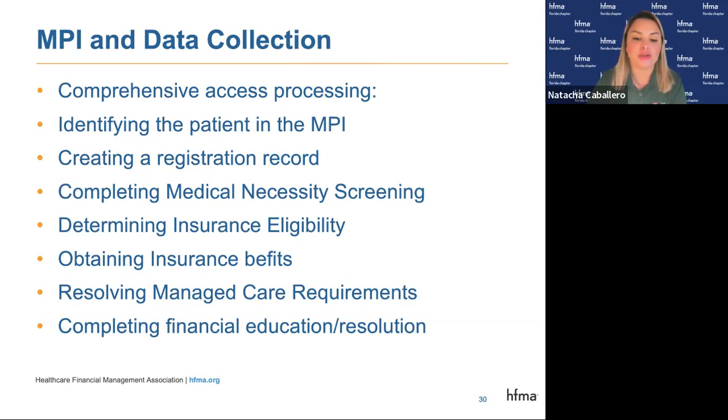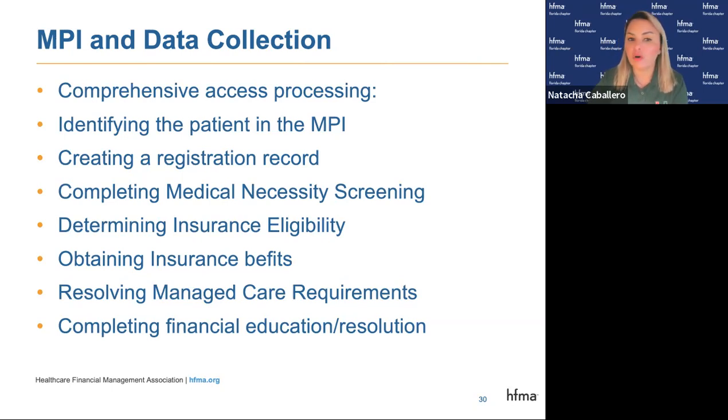Because pre-service processing has been completed, the only registration steps include confirming positive patient identification, activating the record, placing an armband on that patient for the correct service, obtaining signatures, and finalizing any financial resolution obligations.